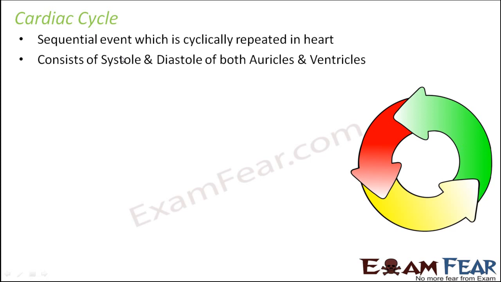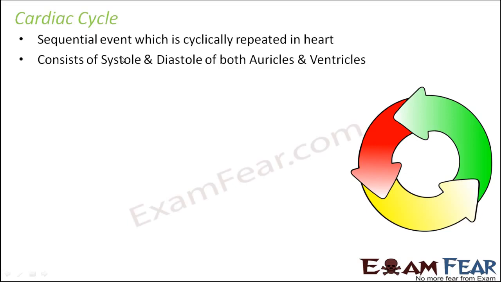So it consists of systole and diastole of both auricles and ventricles. All the four chambers contract at certain times and then again they relax, depending upon the impulse generated by the SA node and the AV node, and how they conduct it.